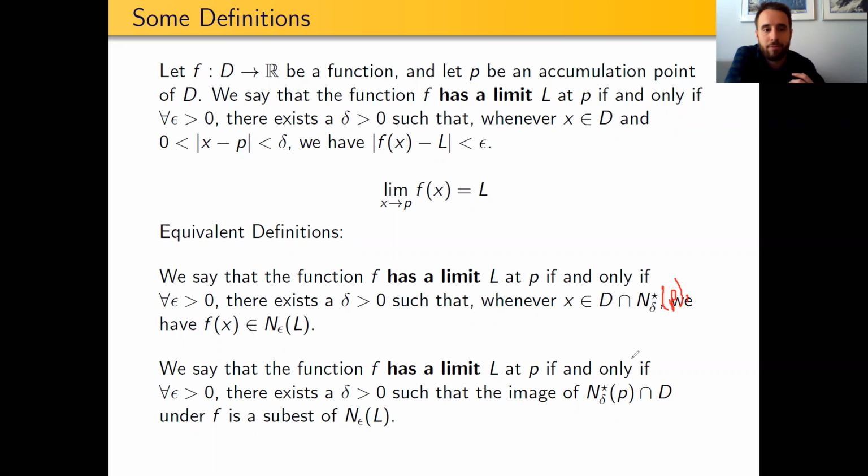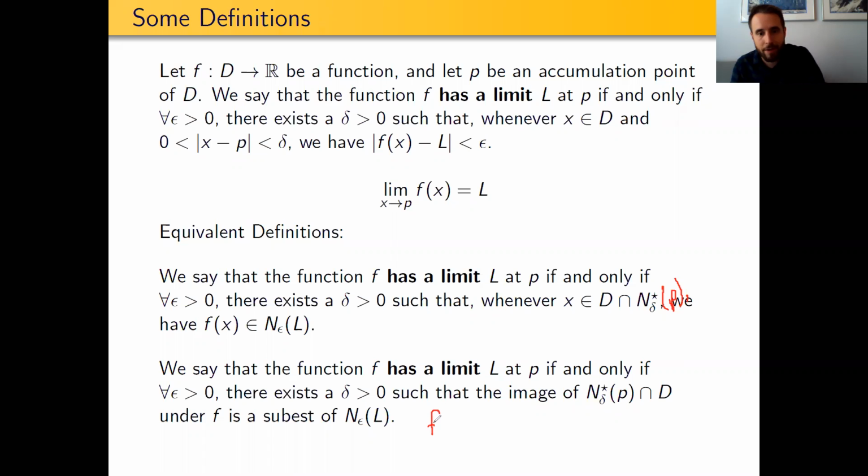All right, definition one. Definition two, again an equivalent definition: we say that a function f has a limit L at P if and only if for all epsilon there exists a delta such that the image of the set that's given right here, the deleted delta neighborhood of P intersect D, is a subset of the epsilon neighborhood of L. So if I wanted to write that using set notation, we have the image, right?